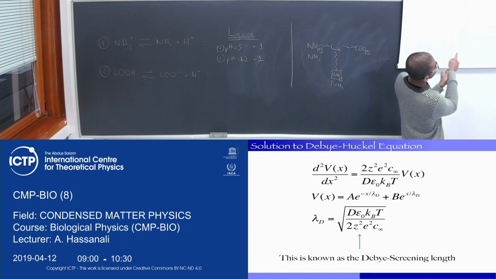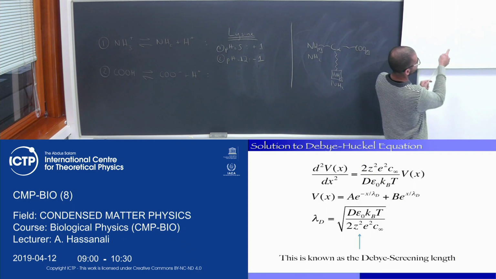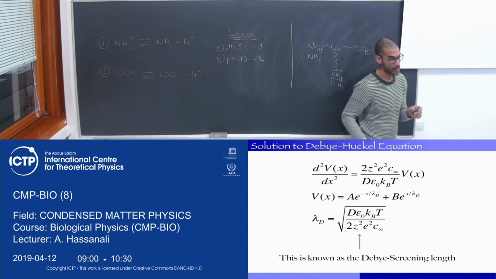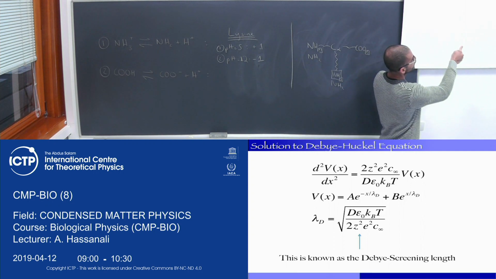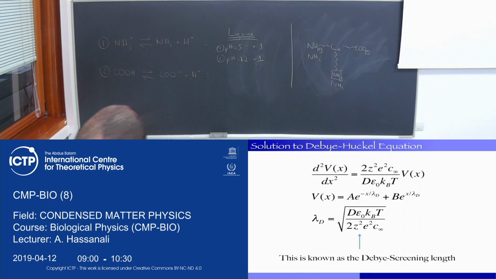It involves the temperature that I'm working at, and of course it involves the valence or the charge of the ion and the concentration. So concentration, dielectric constant, and temperature affect the screening length in different ways.